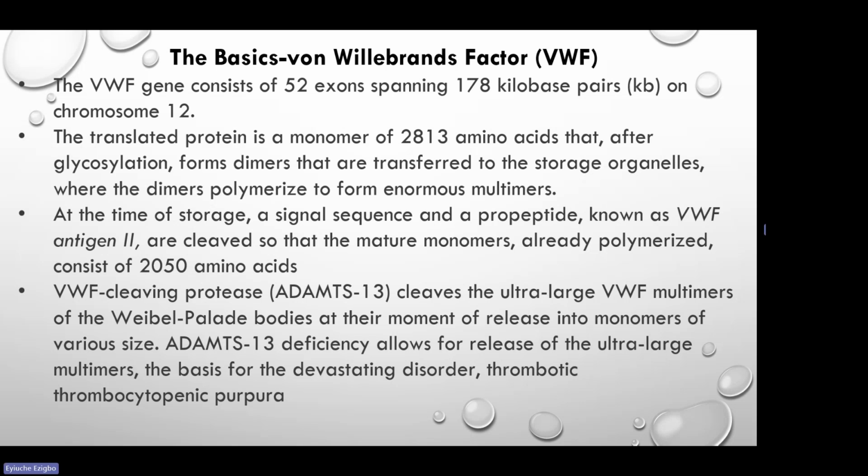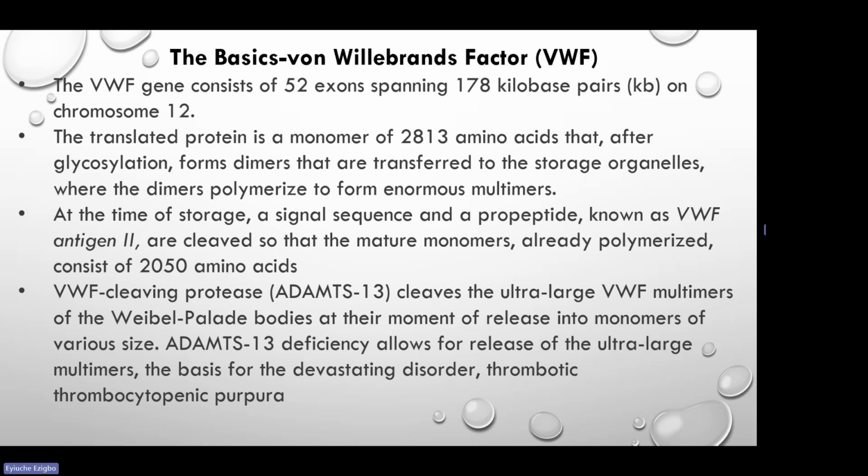Okay, every protein is produced from a gene. So the von Willebrand factor gene consists of 52 exons that span 178 kilobase pairs on chromosome 12. That is where the gene for this protein is located.